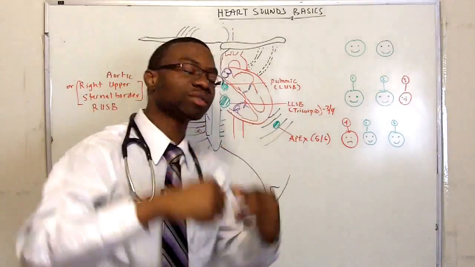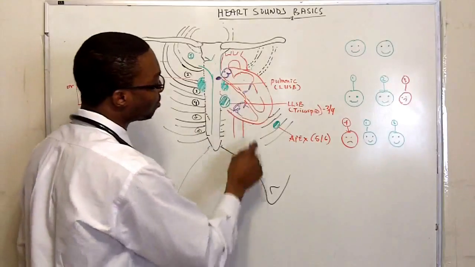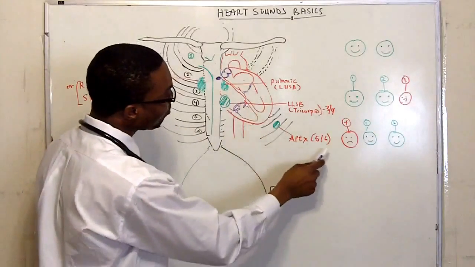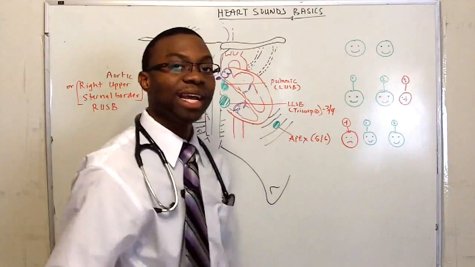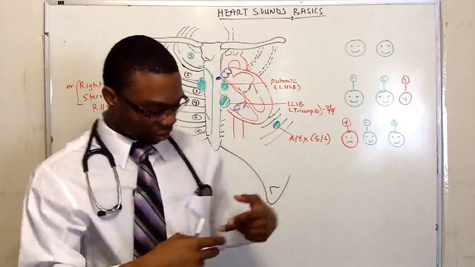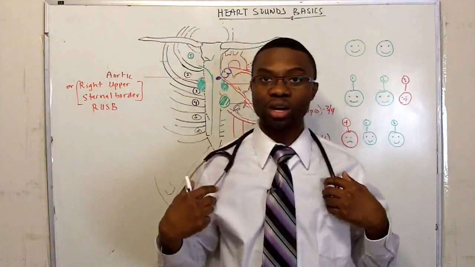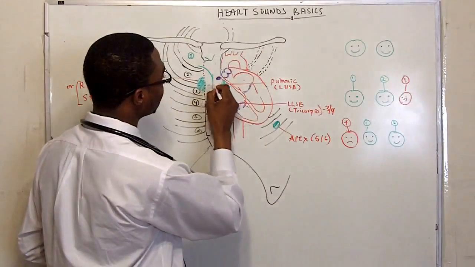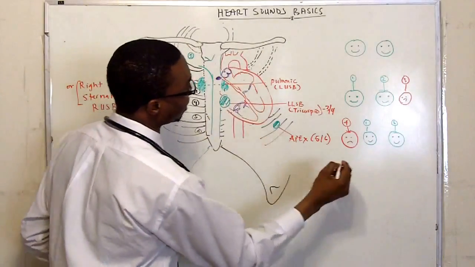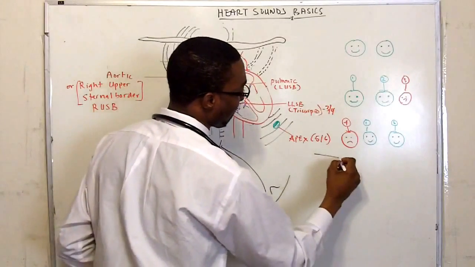There are 3 little valves between your right atrium and your right ventricle. And the apex is between the 5th and the 6th intercostal space, so kind of all the way here. So the way we listen to heart sounds is we start up here, drop down and make a left.